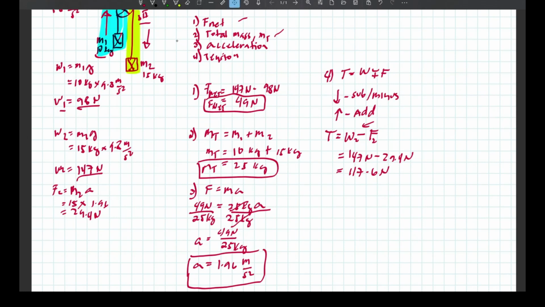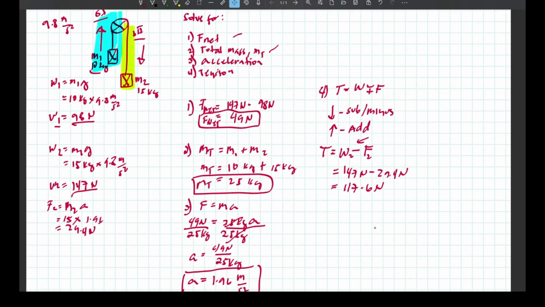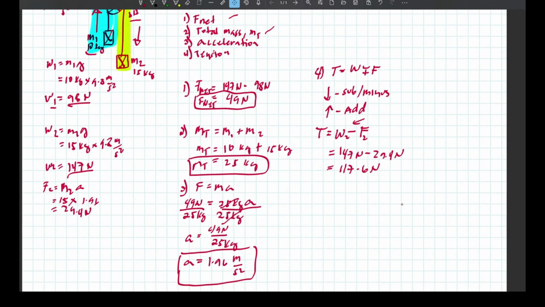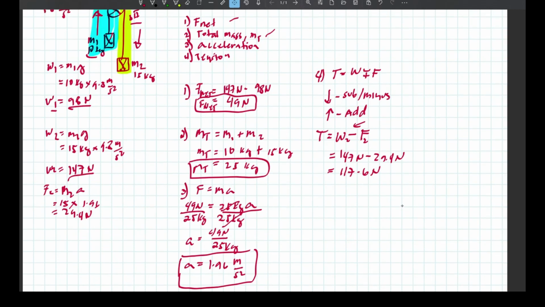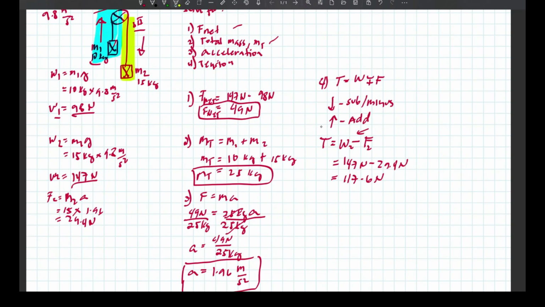So we can also determine the tension using system 1. Alright, so let's try it. So instead of subtraction, we will use addition this time. So T equals W1 plus F1. Now we will use system 1. Since we've already used the subtraction, now we will use the addition.